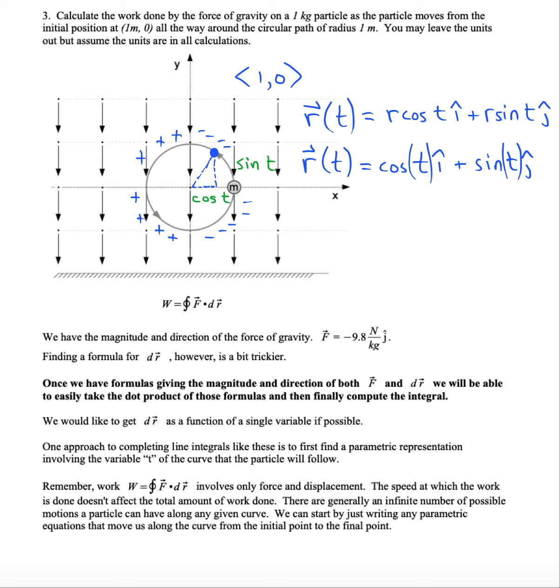Next, I'm going to need the derivative of this. Let's see, it's going to be negative sine of t i plus cosine of t j. And we want to multiply that by dt.